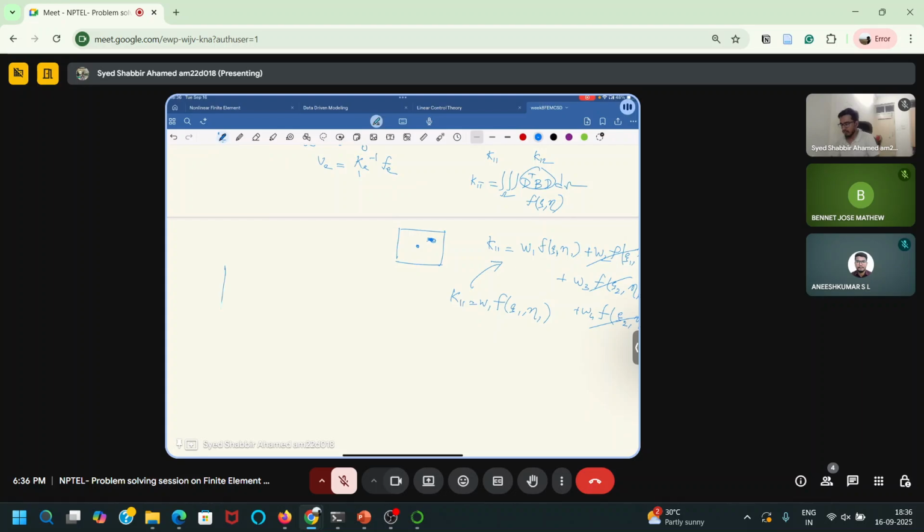If you have discretized your domain like this, with a lot of elements like this, I'm just giving an example. You take a small patch in this, let's say this. I'm just taking this. So you take a small patch out of it.